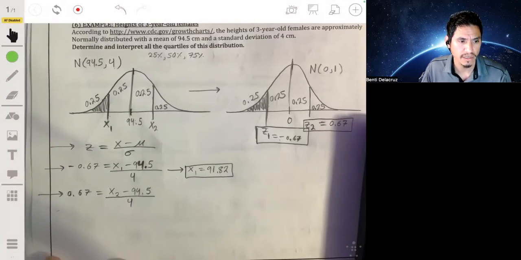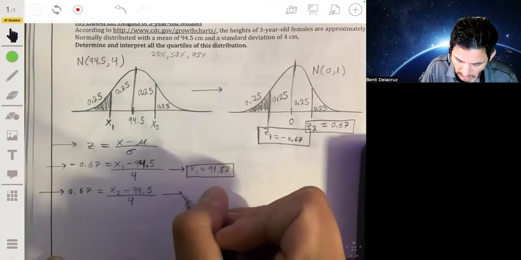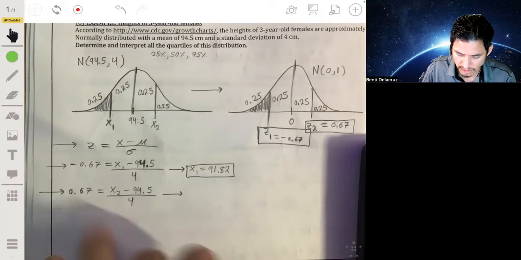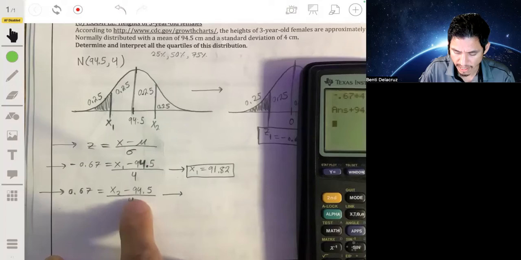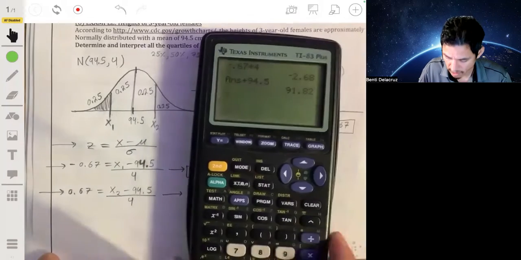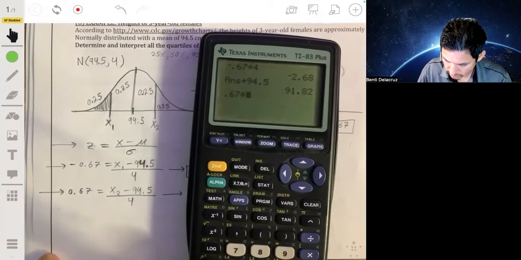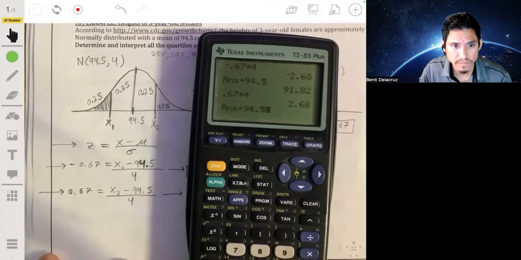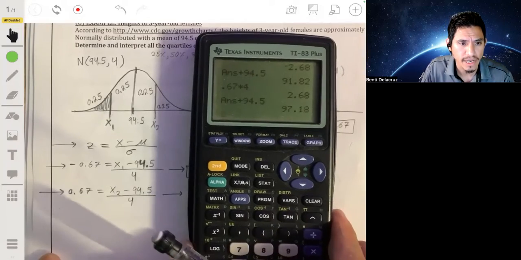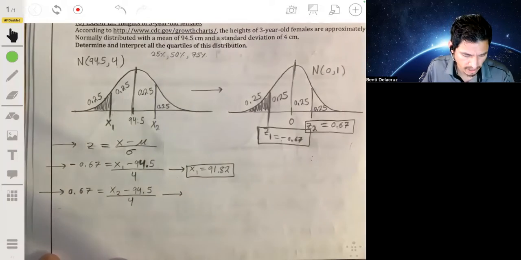Same sort of deal here: we do 0.67 times 4, then add 94.5, and we get 97.18.